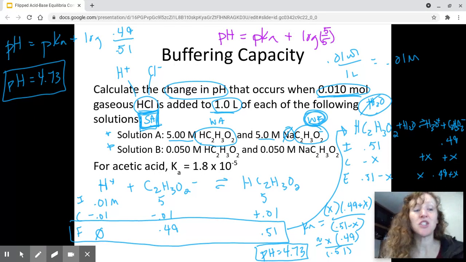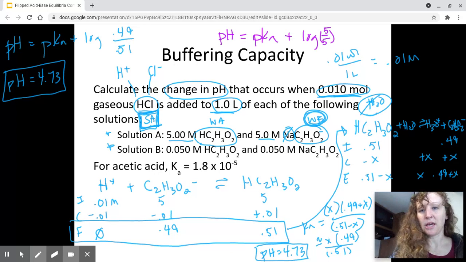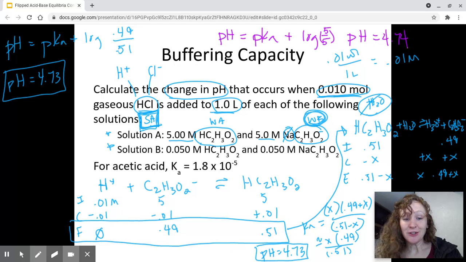Notice that the pH equals the pKa in this case, because my ratio is 5/5, which is 1. So log of 1 is 0, right? So what is my pKa? My pKa, which is equal to my pH, is 4.74.